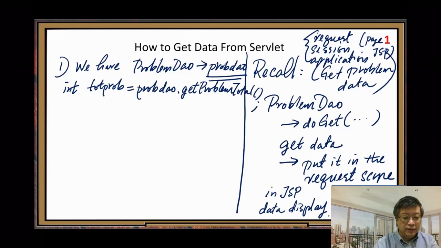That is the first step. The second step is to store it in the request scope.